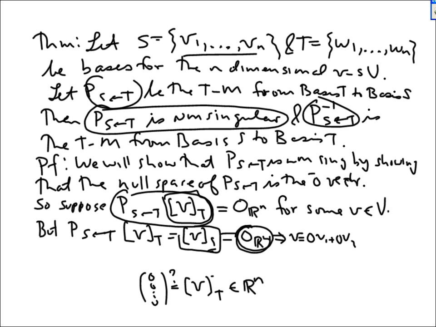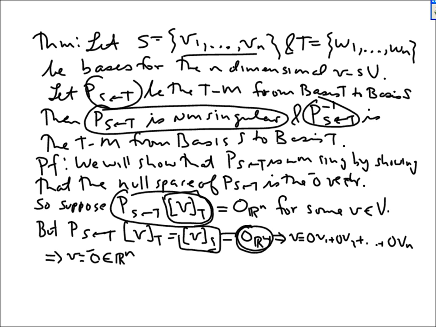The zeros are the scalars, all the way up to 0 times vn. Well, that implies that v is equal to the zero vector. Let's write 0 sub Rn, the zero vector in Rn. So v is the zero vector.